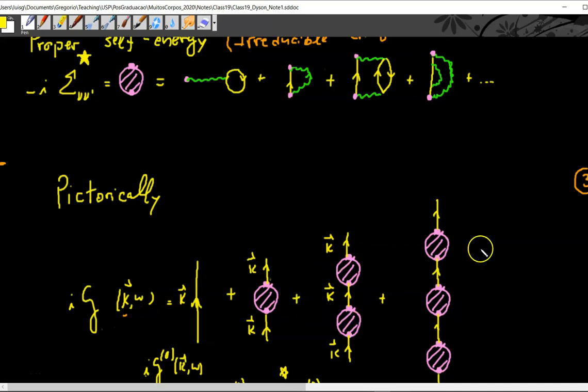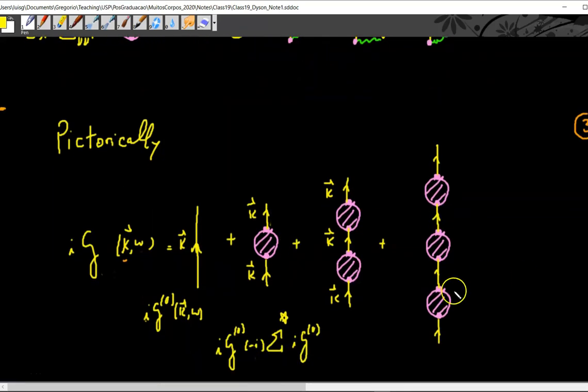And I can keep doing this game and get, say, a diagram like this, where I have now four legs, and I have, say, K, K, K, K, okay? So, yeah, I can cut on any of these lines and get other diagrams that appear already in previous orders.